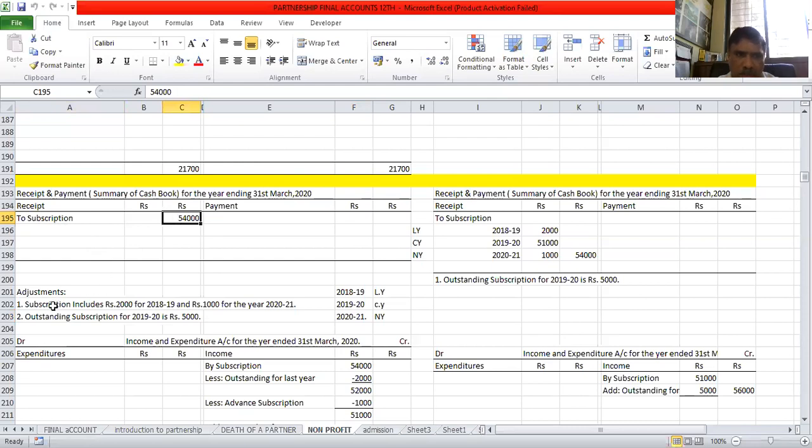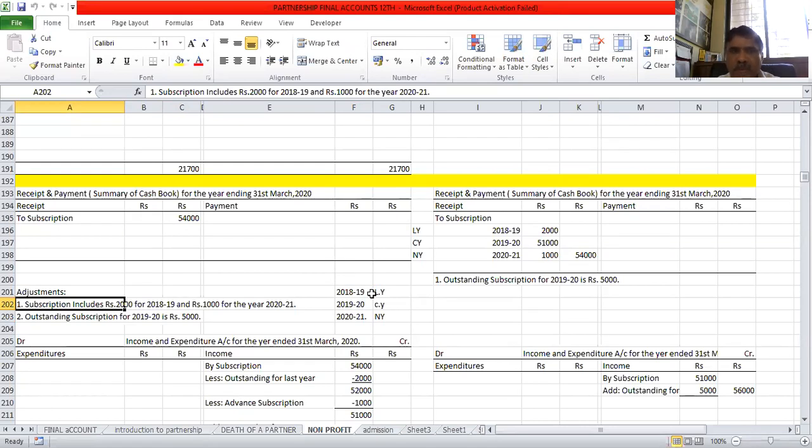So again, I will come back to my question here, subscription 54,000. In this, adjustment 1 mentions 2,000 for 18-19. That means out of this 54,000, the trust has received 2,000 for 18-19, which is the last year. We have to find out the income of the current year, isn't it? So what should I do now?